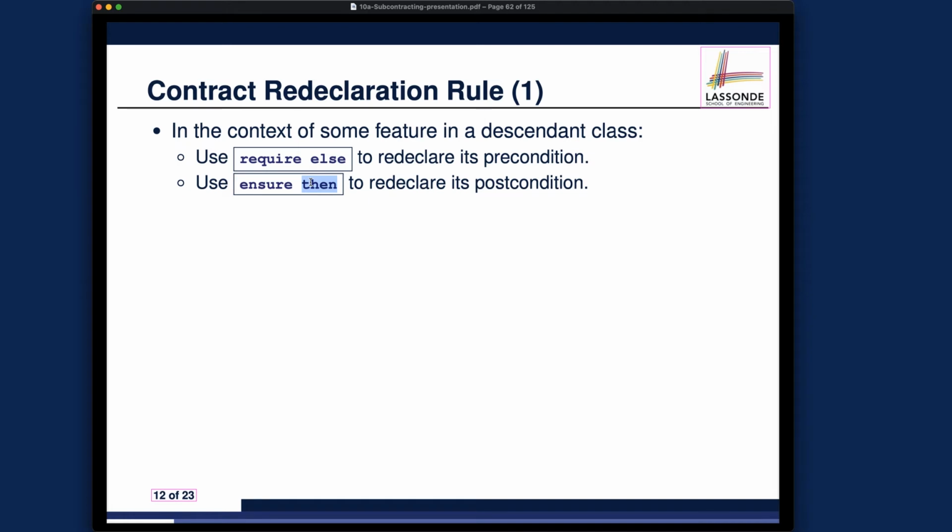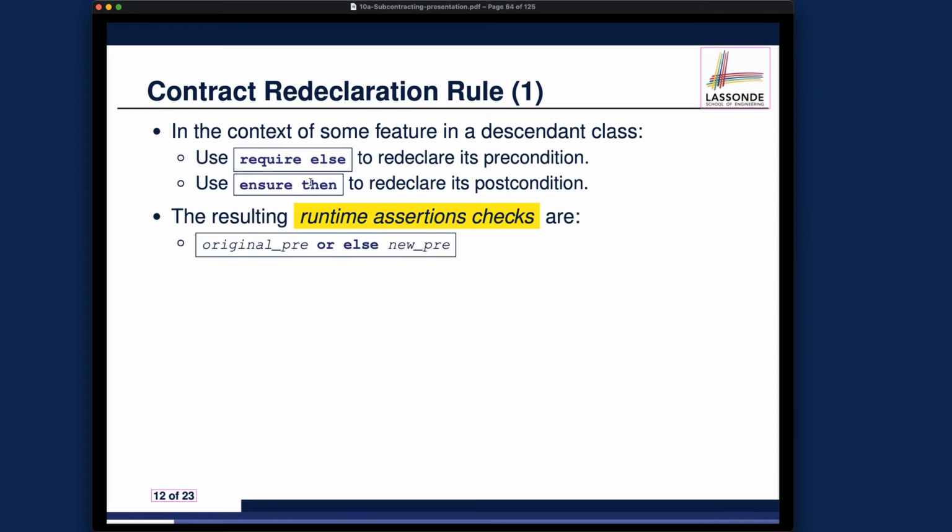Okay, so now we talk about runtime assertion checks. How exactly do we evaluate the preconditions from both the child class and the parent class, whatever precondition it inherits? Precondition first. Think about the original precondition being declared in the parent class, and then in the child class we redeclare some extra new precondition.